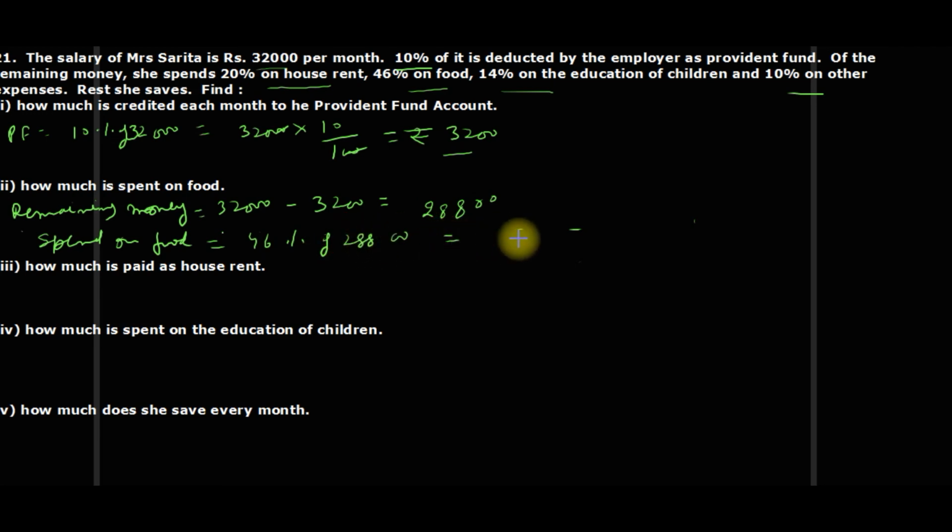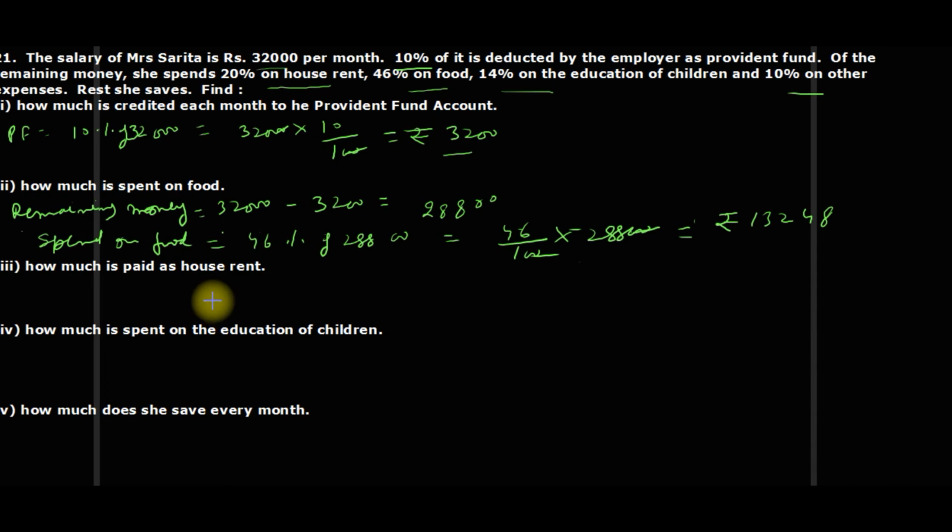This would become 46 upon 100 multiplied by 28800. Right, this would come out to be 46 multiplied by 288 comes out to be rupees 13,248.